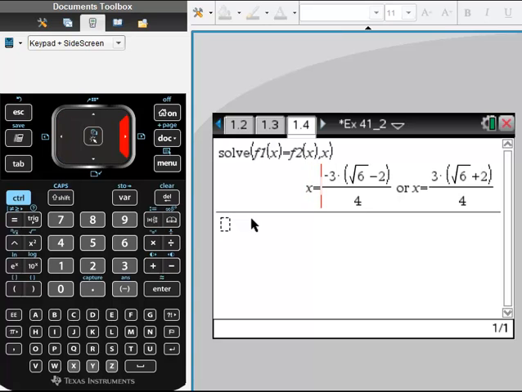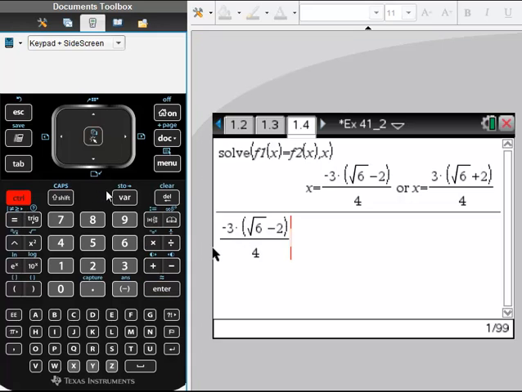So this first number must be the left limit of integration. Now I'm going to push shift and arrow right to highlight it, and then I'll hit enter to bring it to the new line, and I want to store that. Control store to.